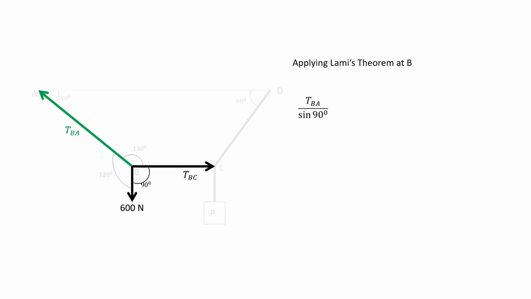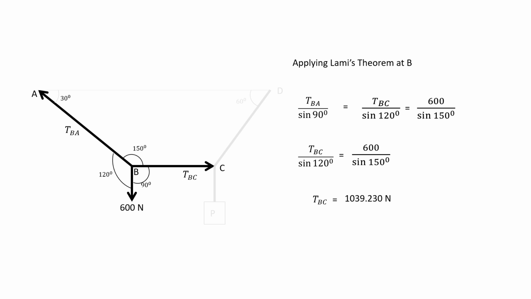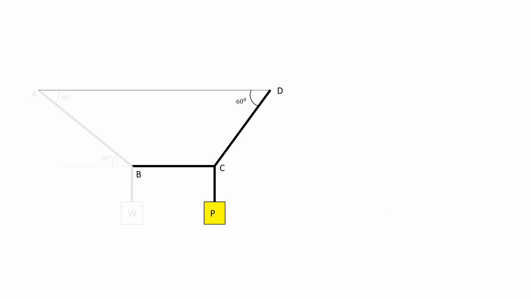TBA divided by sine 90 degrees, that is equal to TBC, this force, divided by sine of the angle between other two forces, and that is equal to this force 600 Newton divided by sine of the angle between other two forces, sine 150. Now solving for this TBC value.